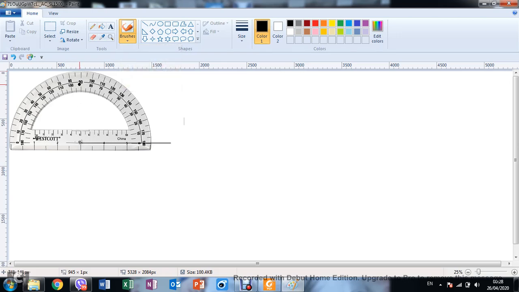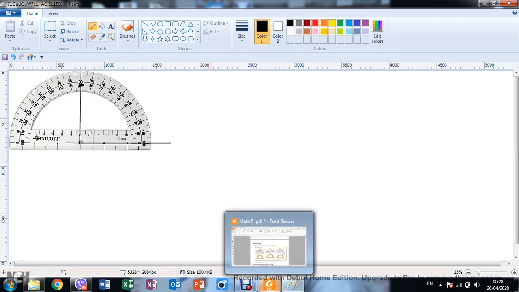This is 90 degrees, which means we need to draw a line that passes through 90 degrees. From the center point, I'll draw a line that passes through 90. So I draw this angle that is 90 degrees. This is a right angle, meaning 90 degrees.